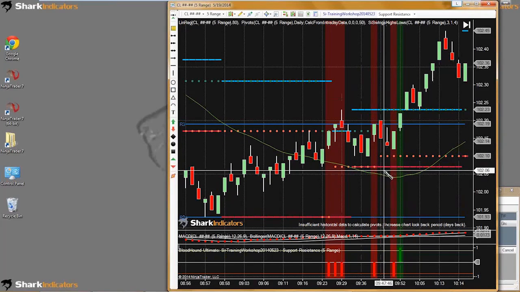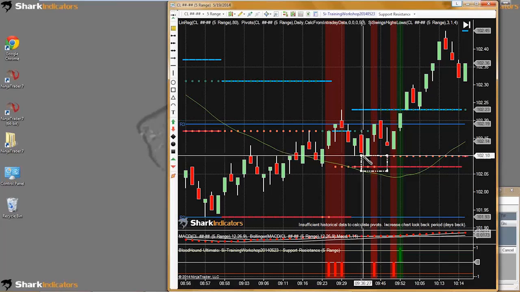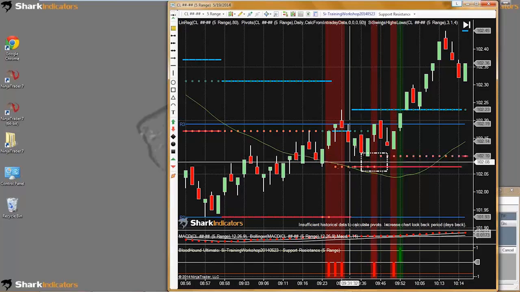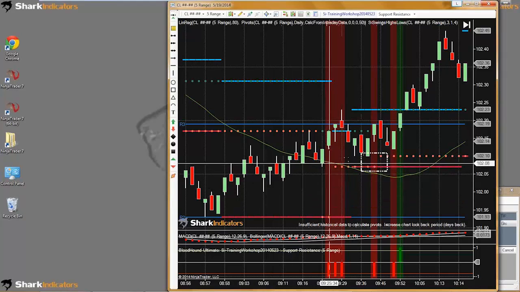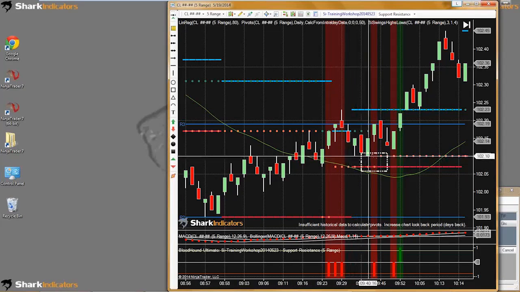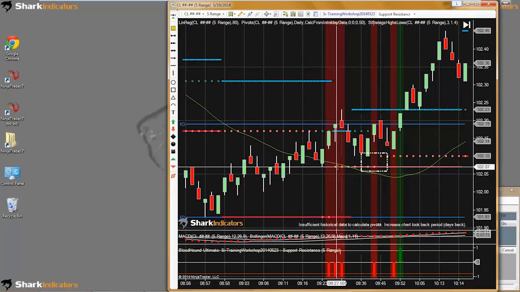Okay. So let's see. Condition 1 is we wanted to have made a higher low, such as what we have here. Here's a low and here's a low, and we can see this higher low was made, and we can tell that because the dots moved up.